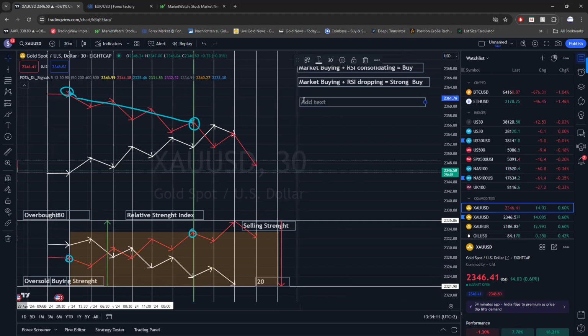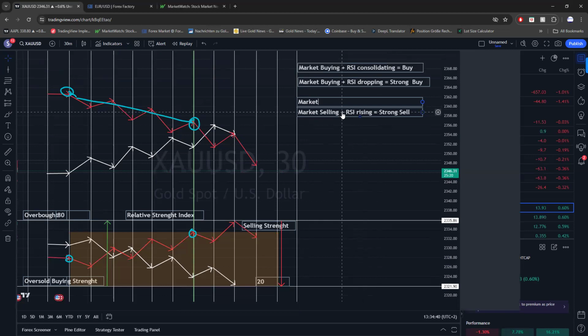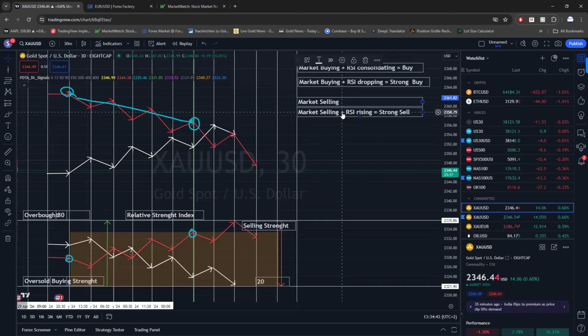So I'm going to type this one here: market selling plus RSI rising from sell. Market selling plus RSI consolidating.